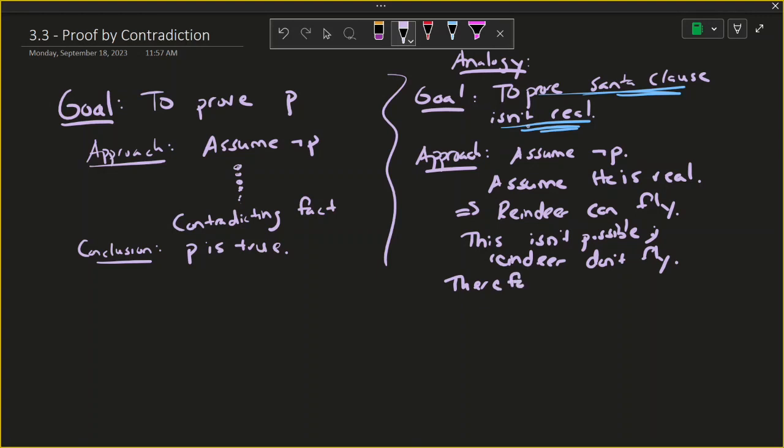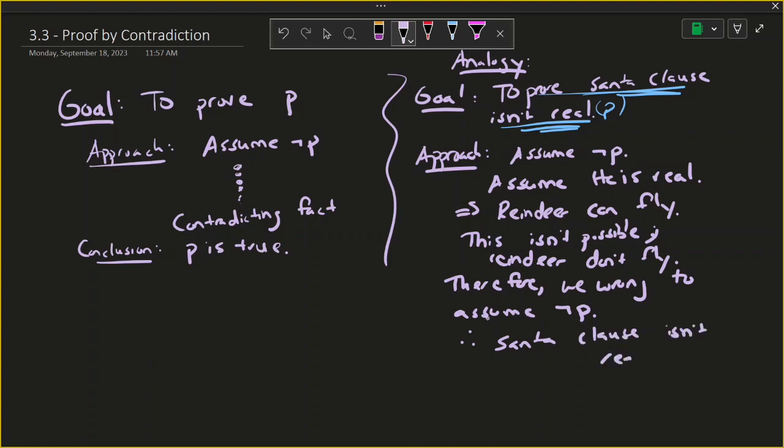Therefore, we were wrong to assume not P. And what is indeed true is the original proposition P up here. Therefore, Santa Claus isn't real.